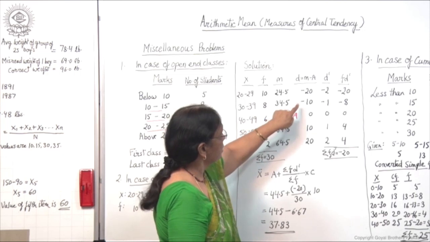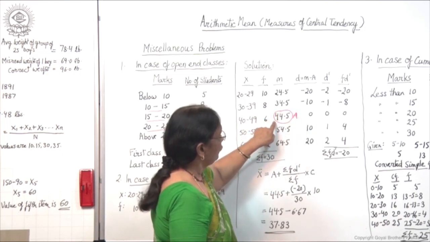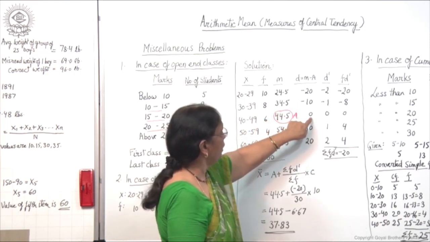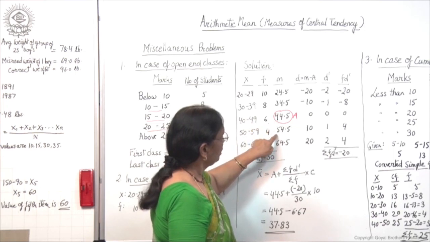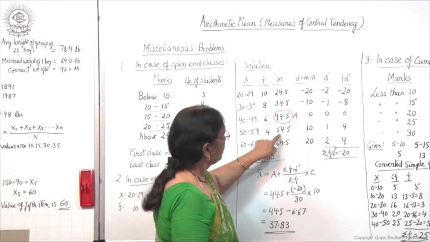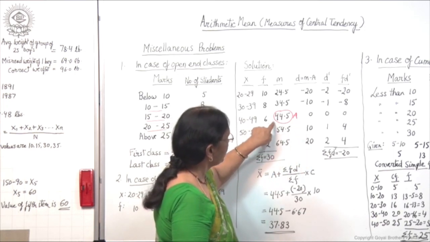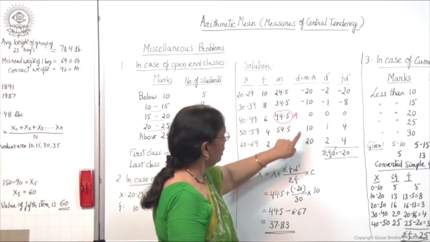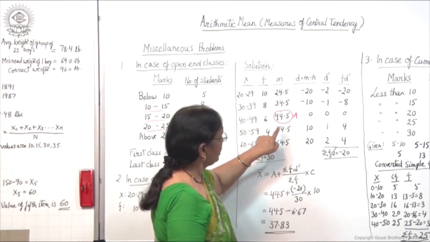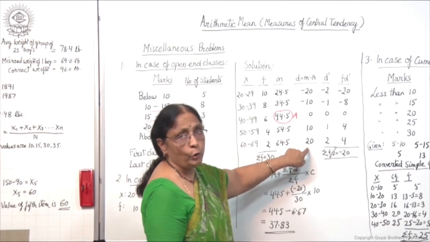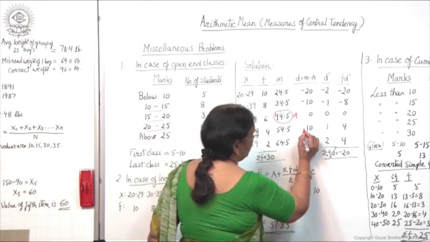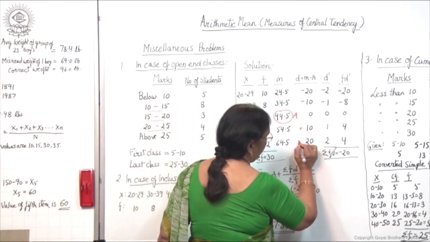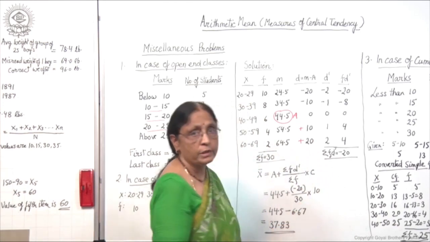This minus this is minus 10. 44.5 minus 44.5 is 0. Then this is 10, because 54.5 minus 44.5 will be plus 10. 64.5 minus 44.5 will be 20. You know, when the sign is not given, it is understood it is plus.